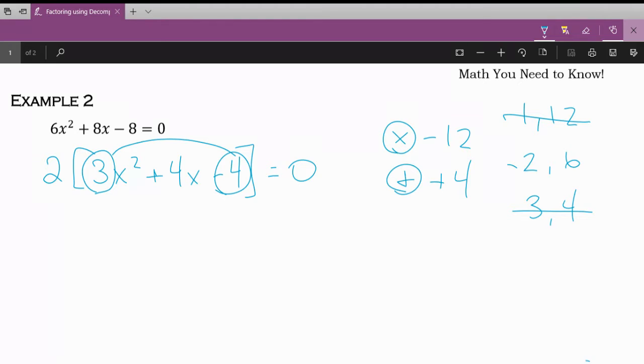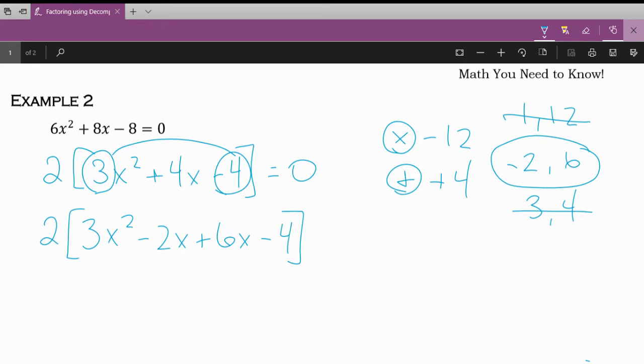But if we had a different question, if the negative was on the 6, it would add up to negative 4. So negative 2 and positive 6 are the numbers that we want to work with. So we're going to add that into our question. So 3x squared minus 2x plus 6x minus 4 is equal to 0.